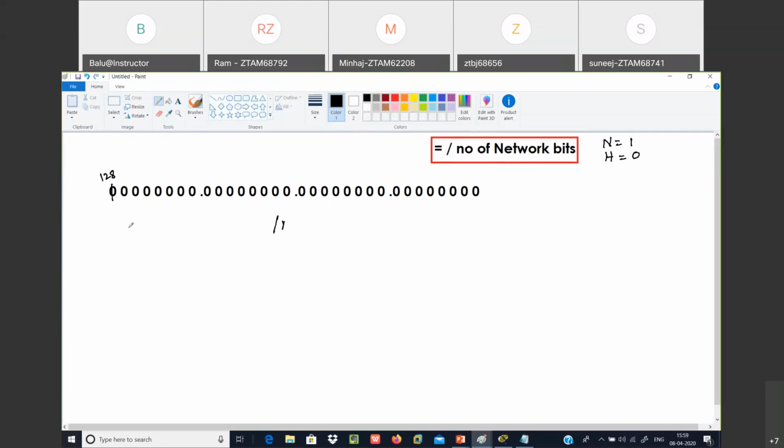So /1 indicates 128 in the first octet, 0 in the second octet, 0 in the third octet, 0 in the fourth octet. 128.0.0.0 is a /1. What about /2? /2 indicates two network bits. Let's convert one more bit: 64. 128 plus 64 is what, guys?